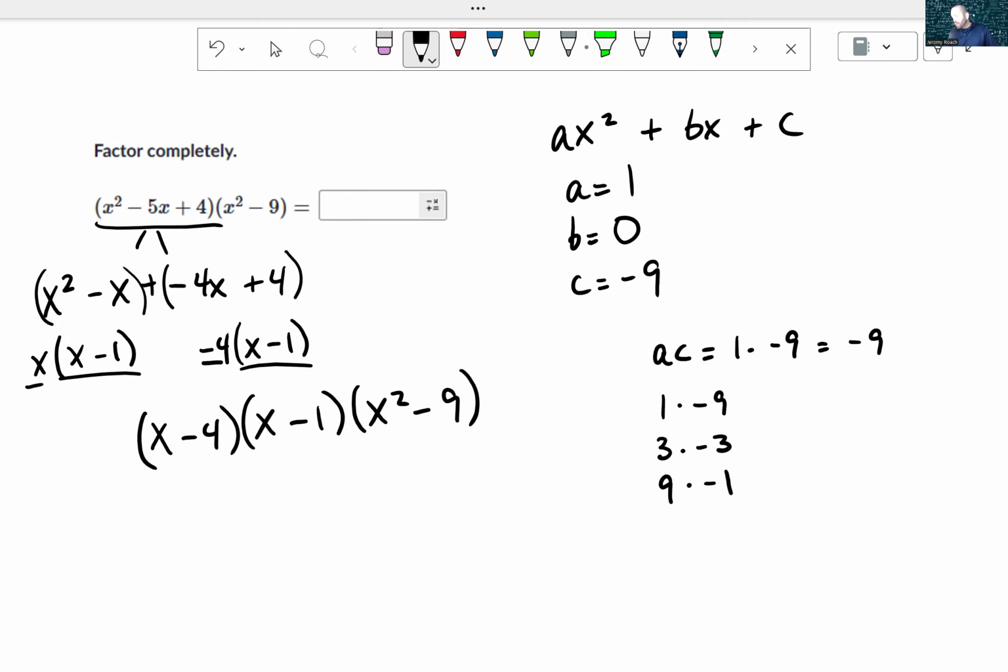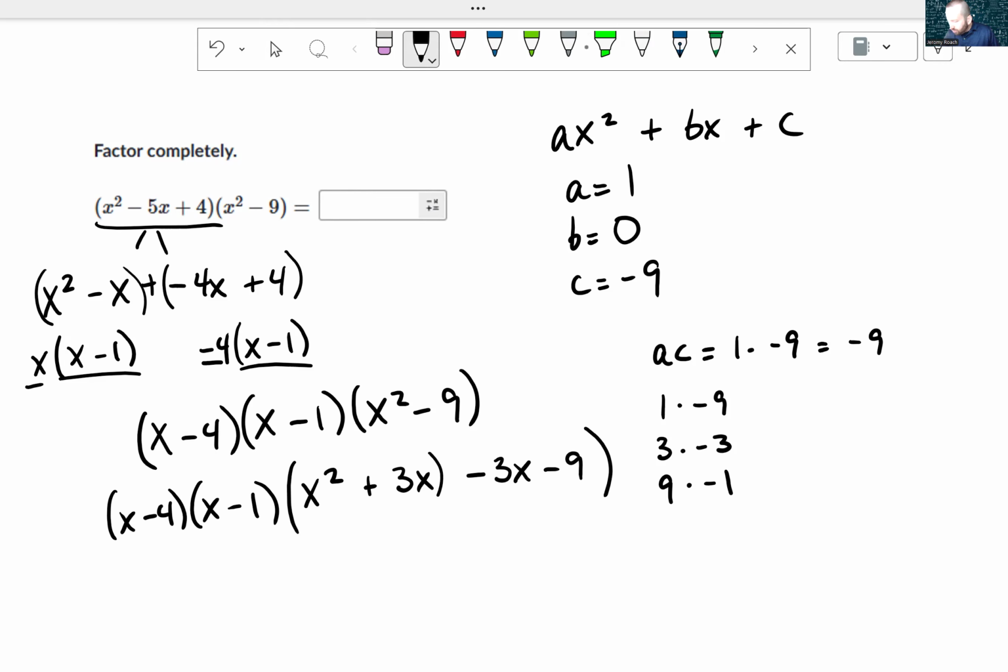Now we want to figure out which ones of these, if we add them together, will equal b. Well, it's got to be 3 plus -3. That equals 0. So I'm going to write the x minus 4, x minus 1 down here. And now we're going to write this as x squared plus 3x minus 3x minus 9.